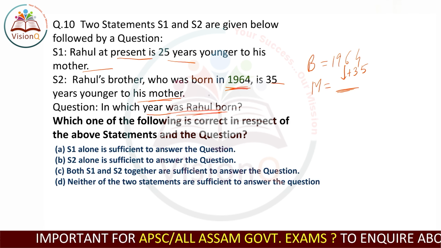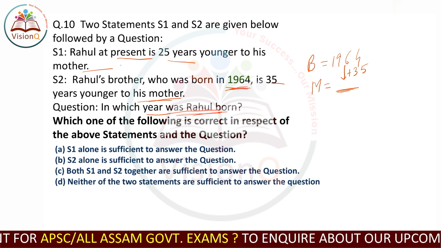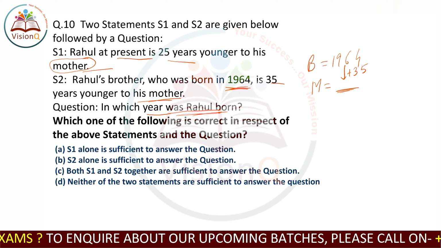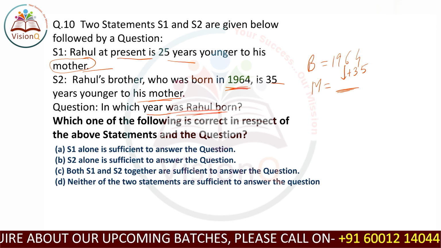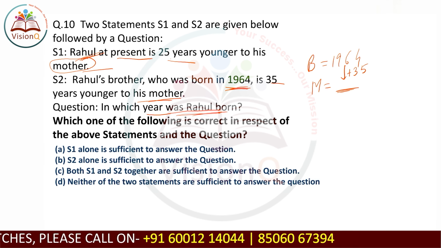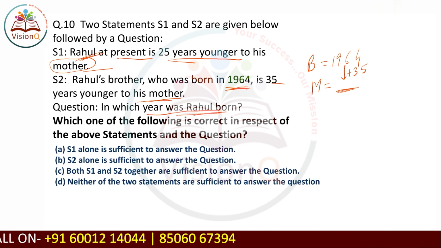Now if I use this year in the first statement, I can find out the year of birth of Rahul, because it was given that Rahul is 25 years younger than his mother.